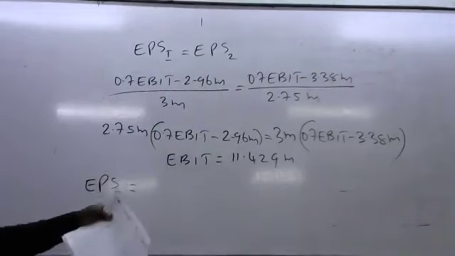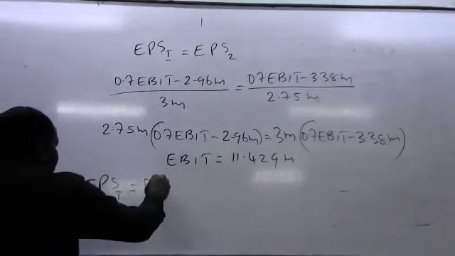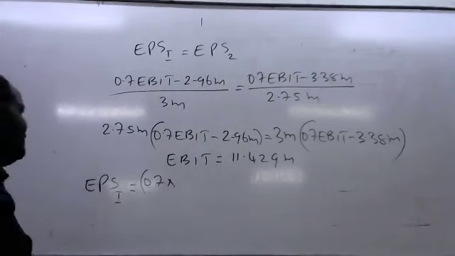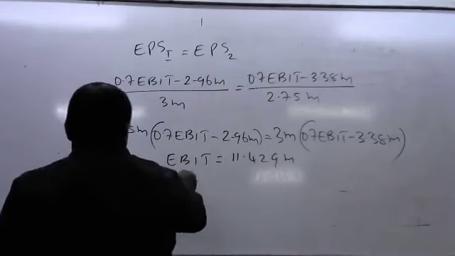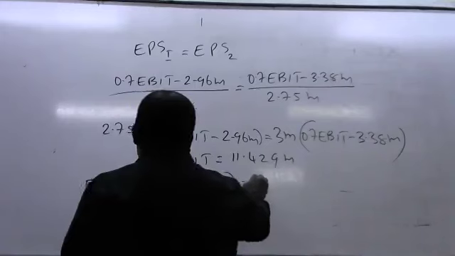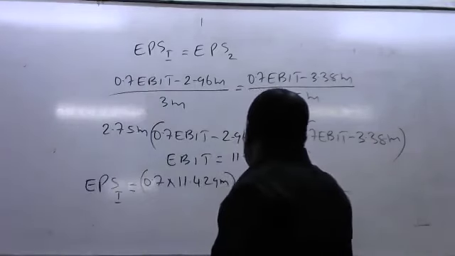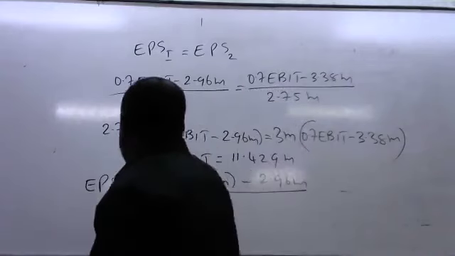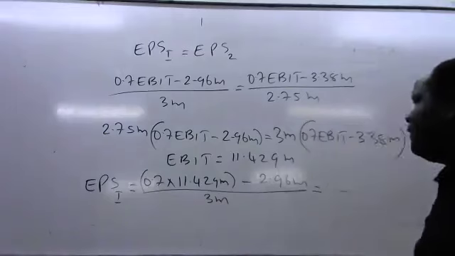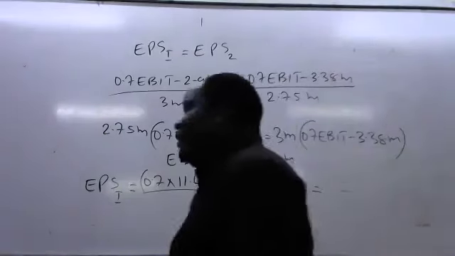So for option 1, it will be 0.7 multiplied by earnings before interest and tax, which is now 11.429, then you subtract interest, which is 2.96 millions, then you divide by 3 millions.